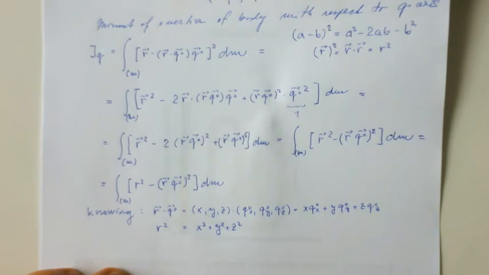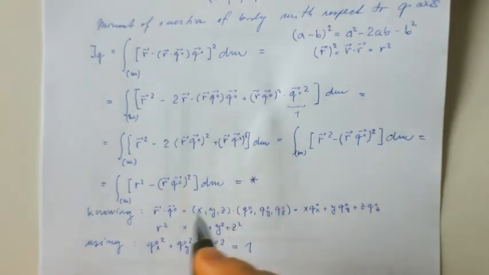And if we use this and substitute it here, we can continue, and also using this, that q0x powered by square plus q0y powered by square plus q0z powered by square is the square power of a unit vector, and the square power of a unit vector is equal to multiplication of the size of the vector by itself. So it is 1. So we can continue here.